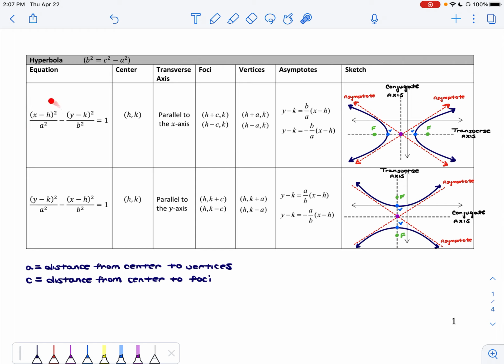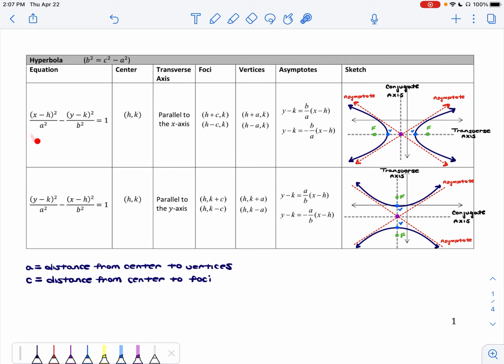If the x squared term is first, if the x squared is the positive term, then your transverse axis is going to be horizontal. But if the y squared term is the positive term, then your transverse axis is going to be vertical. Just like we've seen before, h and k tell us the center of the hyperbola.